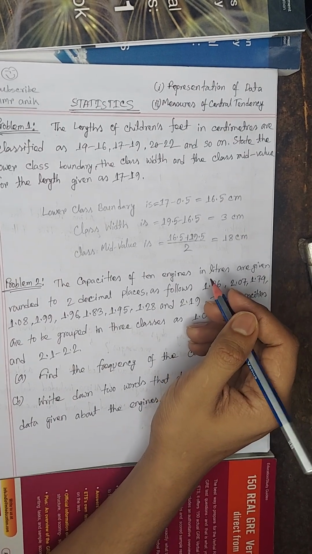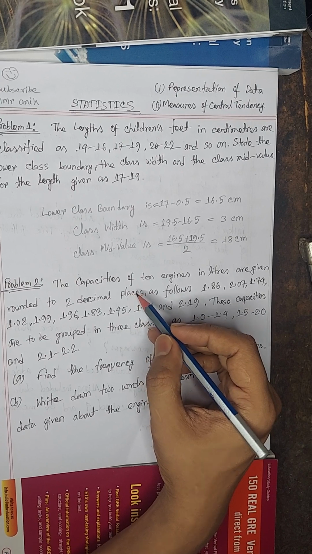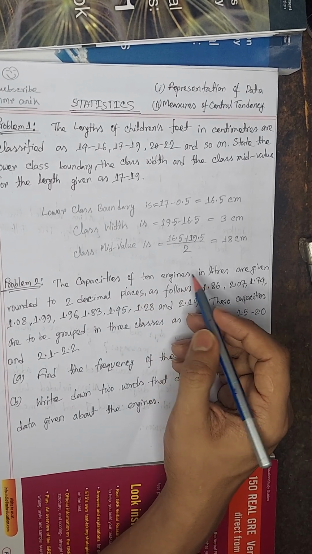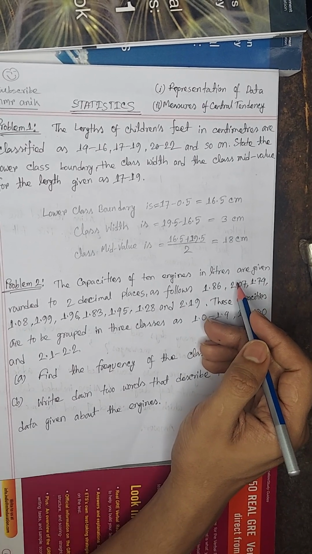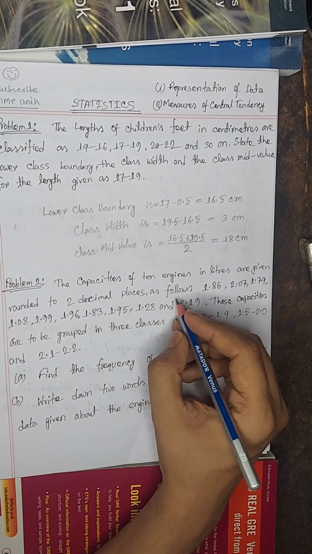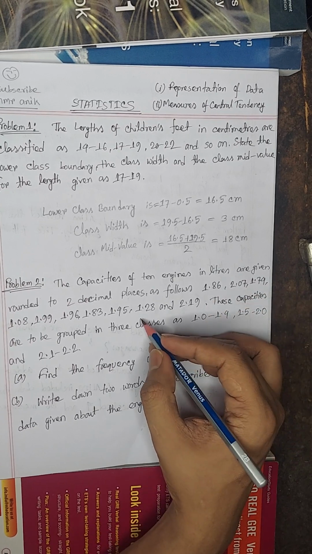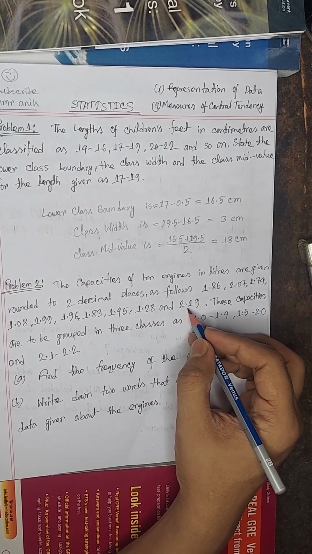So now the second problem: the capacities of 10 engines in liters are given rounded to two decimal places as follows: 1.86, 2.07, 1.74, and accordingly 2.19.